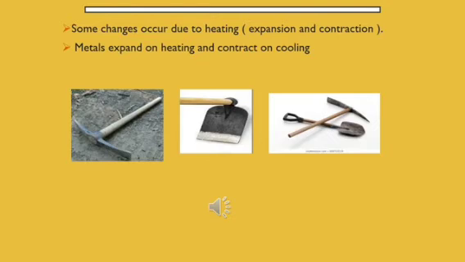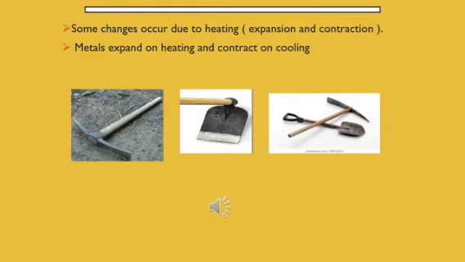The iron blade of these tools has a ring in which the wooden handle is fixed. The iron ring is slightly smaller in size than the wooden handle. To fix the handle, the ring is heated and it becomes slightly larger in size, or it expands. So usually we see that when we heat a metal such as iron, it expands.